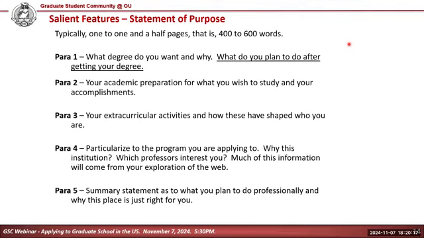Whether you get admission and financial support hinges to a significant extent on your statement of purpose. This is a Farukism; other professors will give you different ideas. You need to state upfront in paragraph 1 what degree you want and why, and what you plan to do after getting your degree. This is critical.